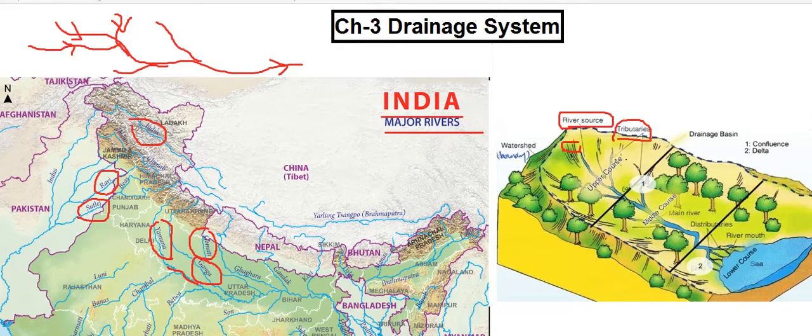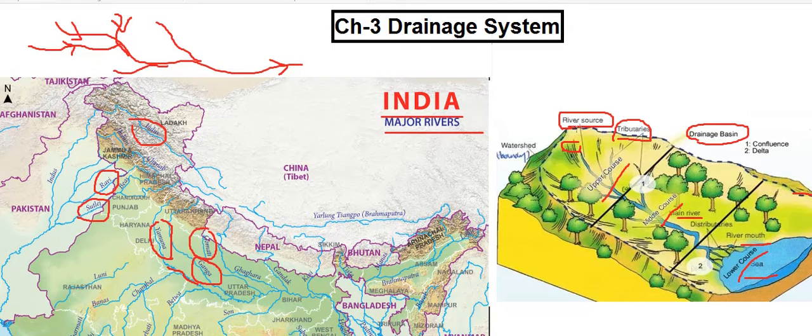So this is the upper course in which the tributaries meet. Second is the middle course when the river comes to the plain areas and the main river is formed. Third is the river at the mouth, lower course, when it meets the sea, and this system is called the drainage basin. If you see, this is the drainage basin of a river.